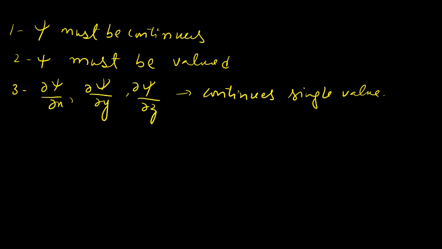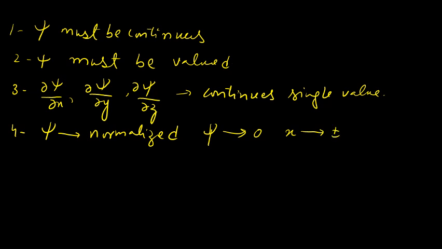Another condition is that psi must be normalized in order to represent the particle. It means that psi must approach 0 as x approaches plus minus infinity and y approaches plus minus infinity.